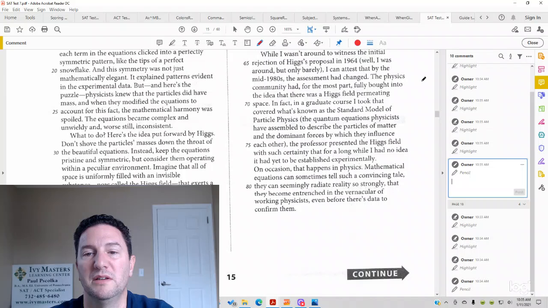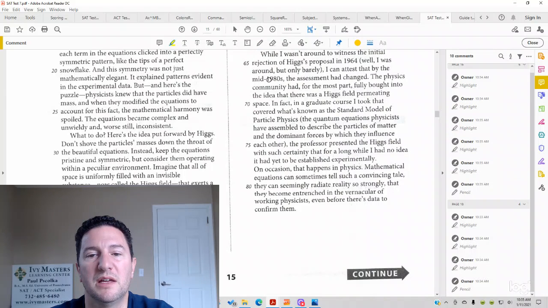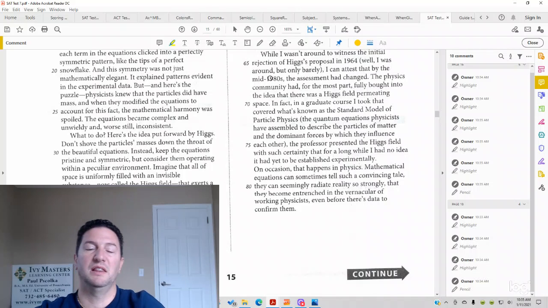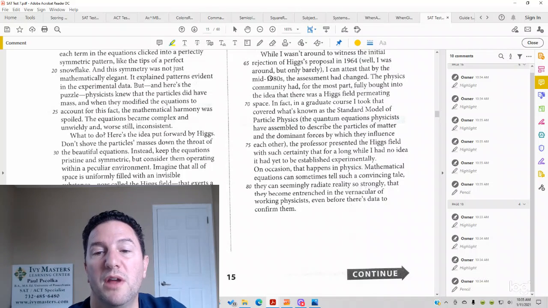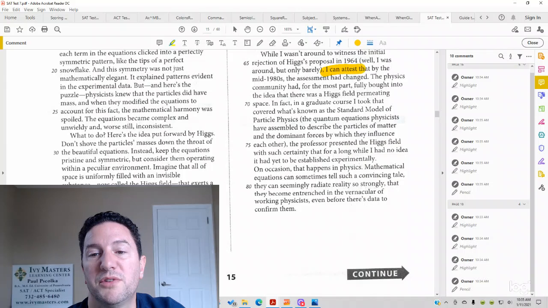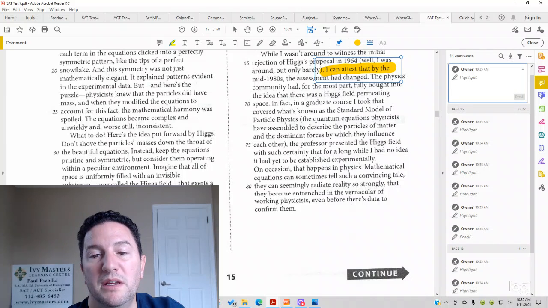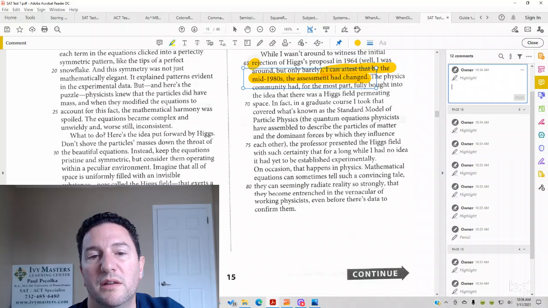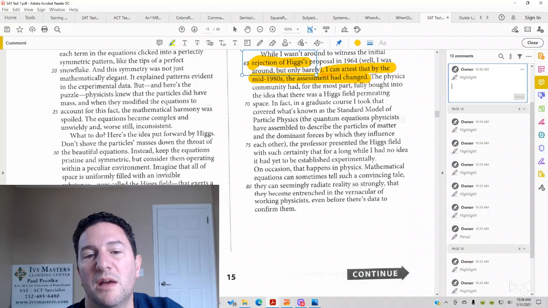They're like, hey, we have this idea that there is this thing called the Higgs boson, but they didn't prove it experimentally just yet. And then we go to the passage and we see that the 1980s are mentioned in the last paragraph. And what the author says is, by the mid-1980s, the assessment had changed. The assessment of what? Rejection of Higgs. So apparently people didn't accept Higgs, but by the 1980s the assessment had changed.